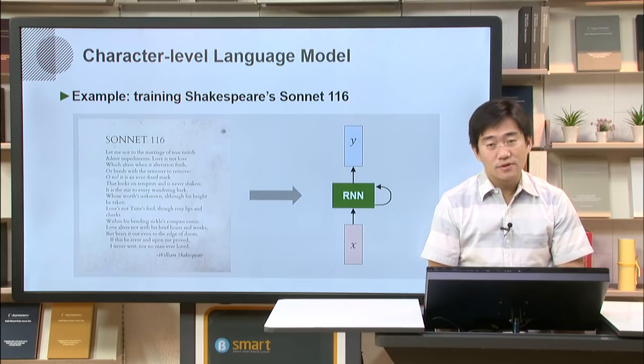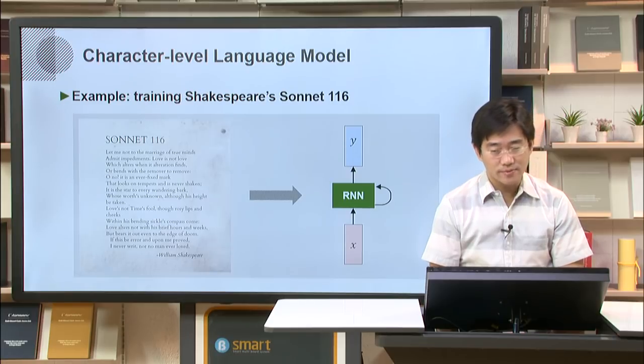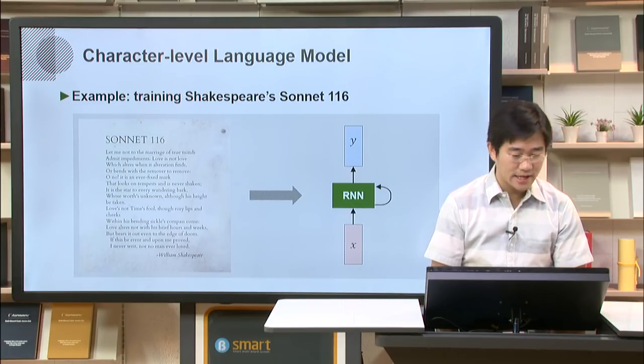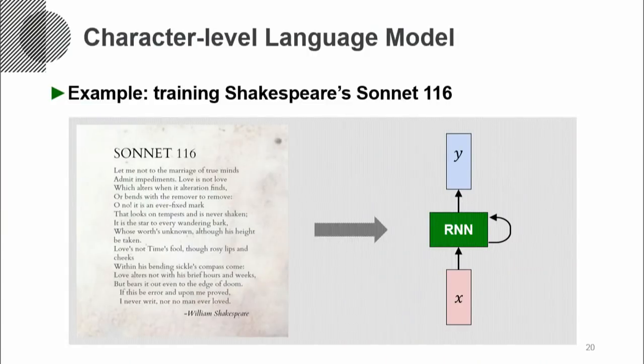So this character level language model can be applied to any types of paragraphs or larger text. For example, let's train our language model using Shakespeare's Sonnet 116, which has this kind of paragraph. And we train our RNN module based on this character level language model.